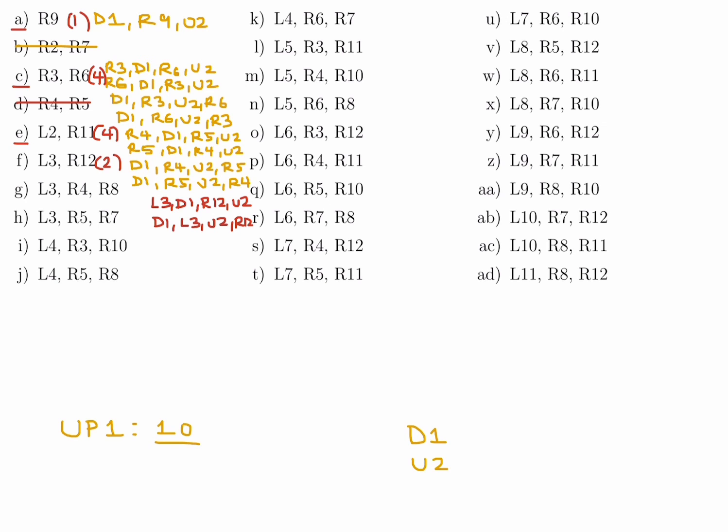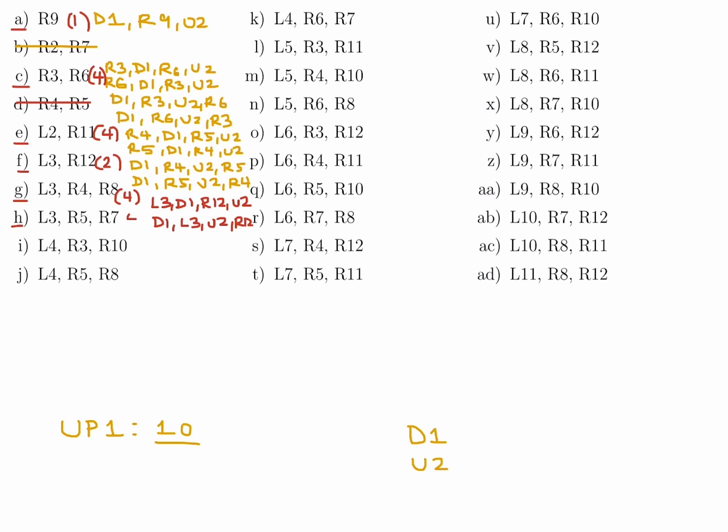And then you just keep going like that. So as you can see, it's very time consuming, and you got to make sure that you don't make any mistakes. So for G here, you get another 4.